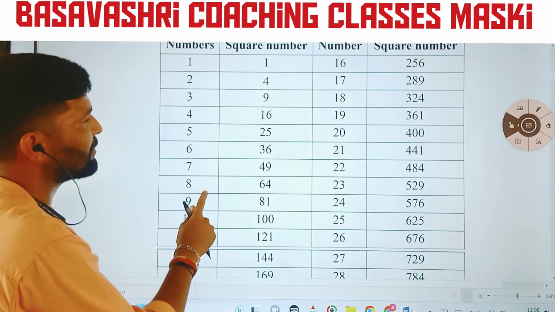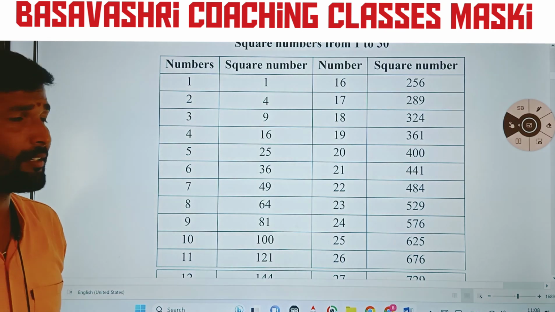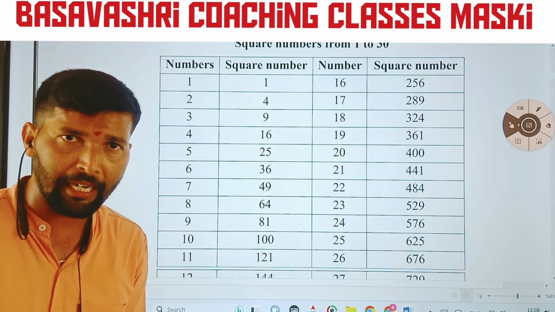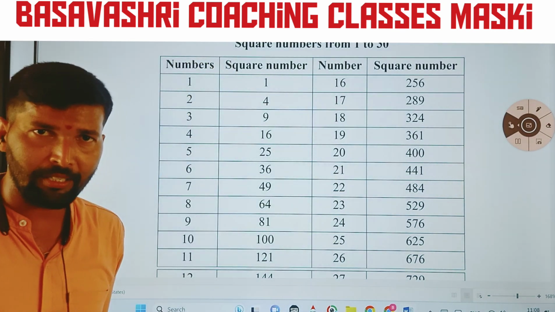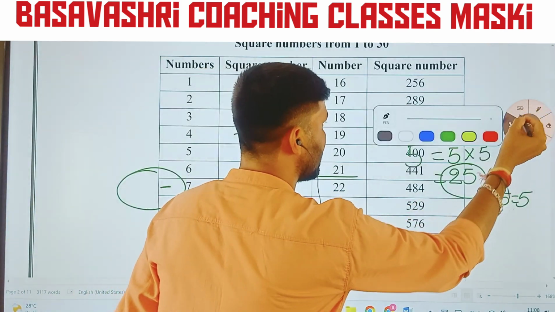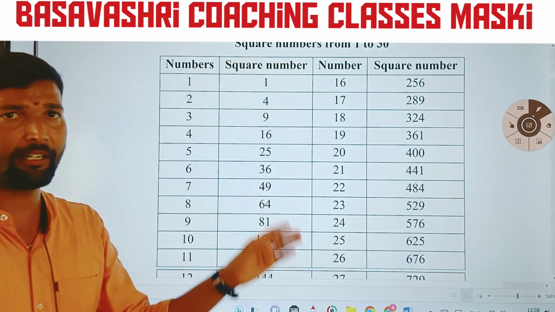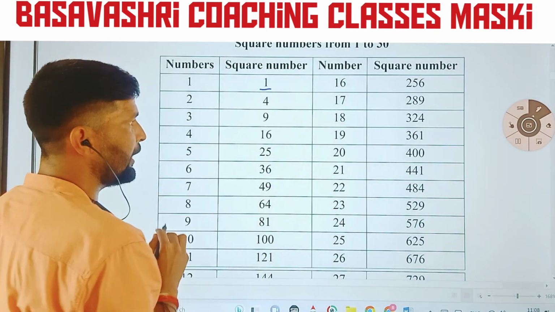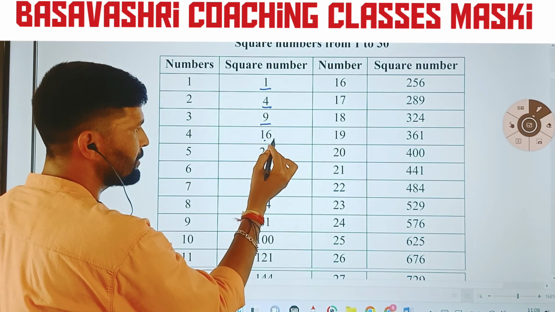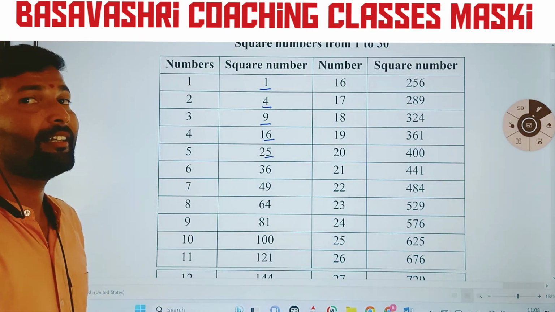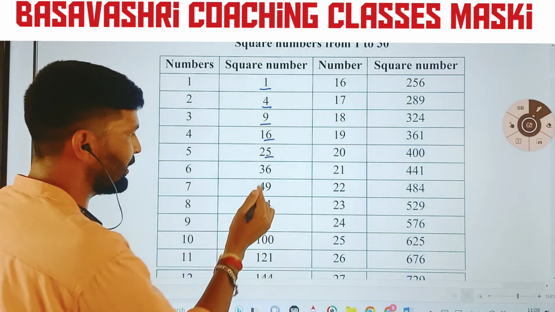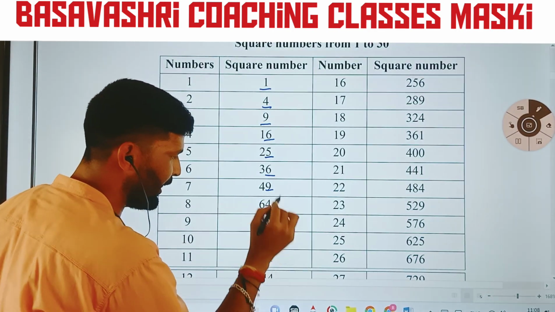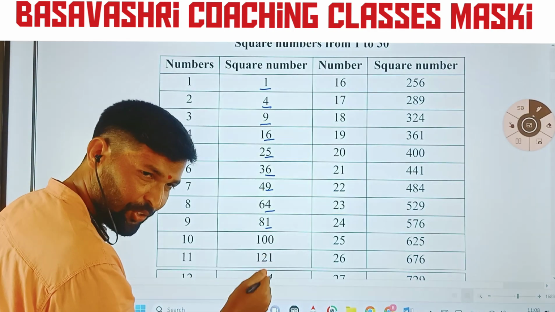Here I am going to tell one miracle thing in mathematics now. Observe carefully, in every square number, at the last place, that is the unit place, we have 1, 4, 9, 6, 5. The same way, in reverse order, 6, 5, 4, 1. Again 0.